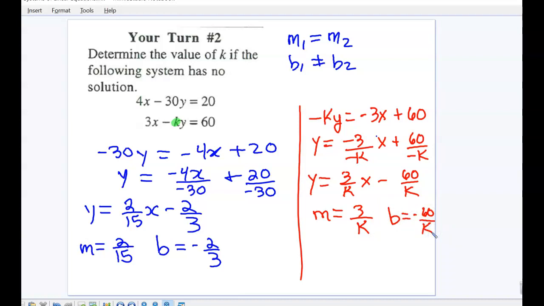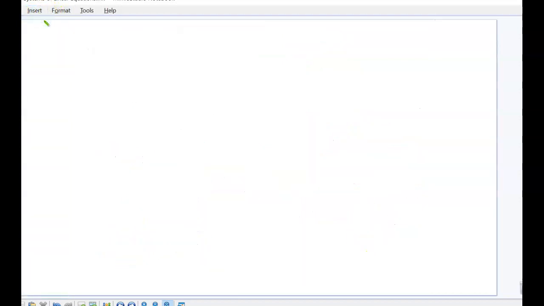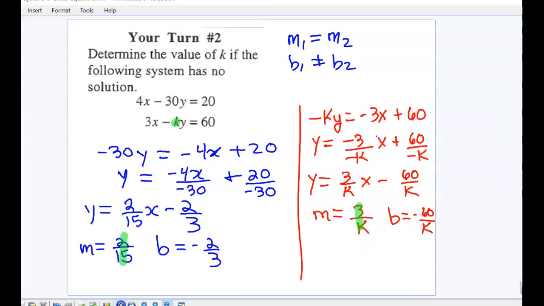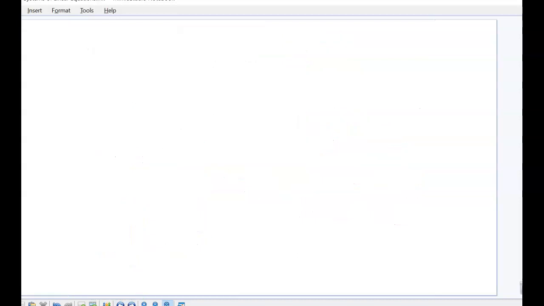So now, if my slopes are the same, because again, to have no solutions, my slopes have to be the same. So that means I'm going to take this and make it equal to that. So therefore, I'm going to say that 2 over 15 has to equal 3 over k.